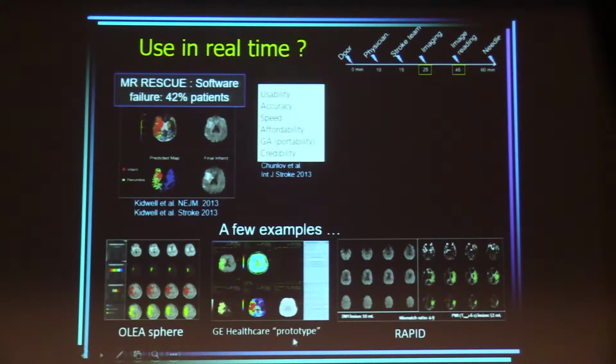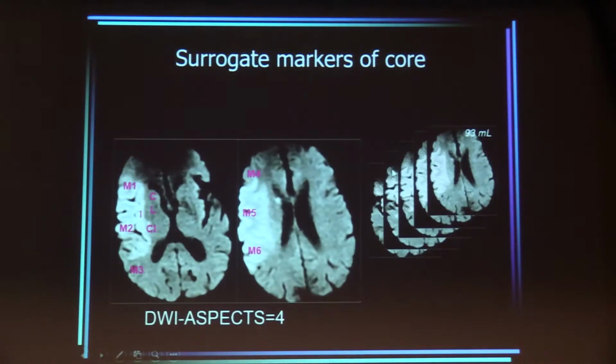Some of the main manufacturers are trying to set up prototypes, and you have probably heard about the Rapid software, which was made by Stanford University. But they still cost a lot of money, and the economic model is not yet affordable, maybe in Israel, but in France for the time being. We use it for research, but I don't think anyone uses it for clinical care.